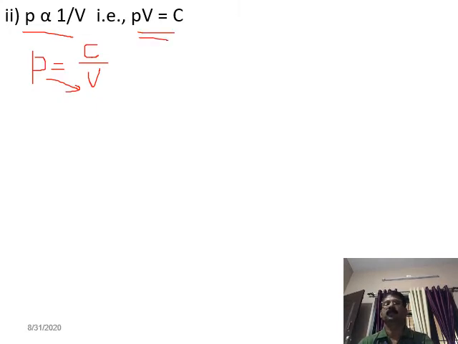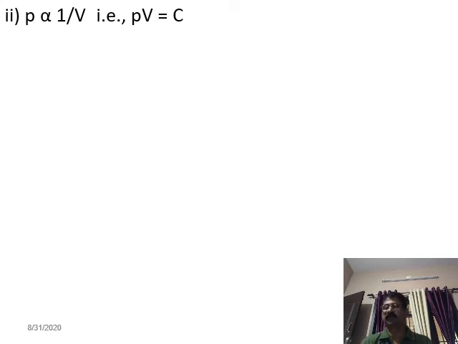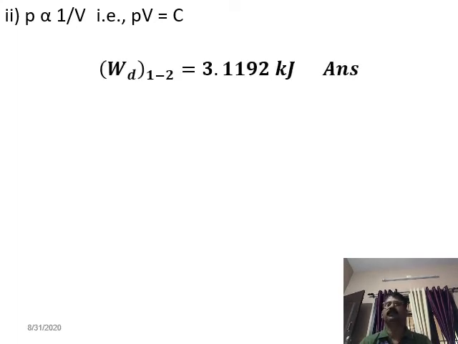Now PV is equal to C is a hyperbolic process, for which you have the direct formula for the work done. You can use it directly, and after substitution you will get the work done as 3.1192 kilojoules.